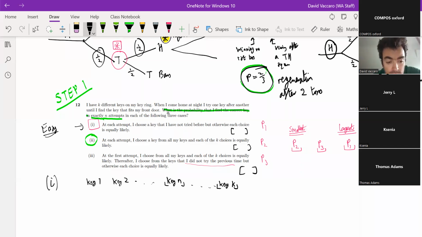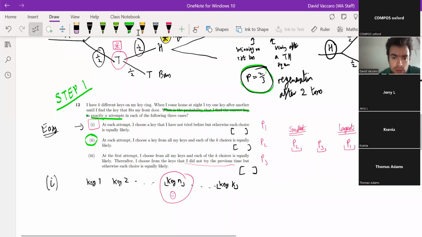You could number your keys, and you're just doing them in a systematic order, one key after another. Now, what is the probability that the nth key that you choose is the magic key that opens the lock? Any suggestions? Someone said 1 over k to the power n.